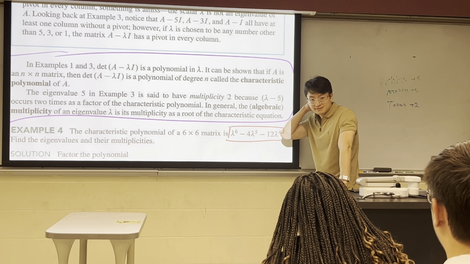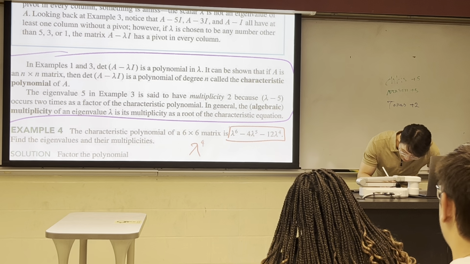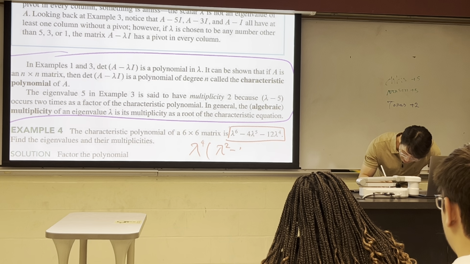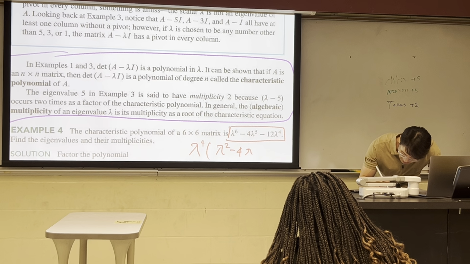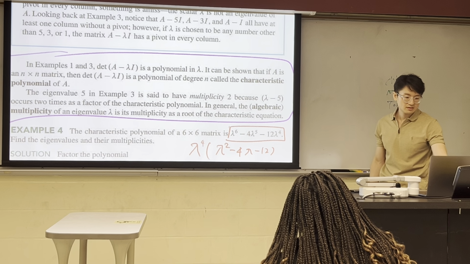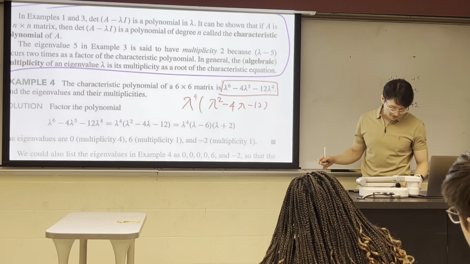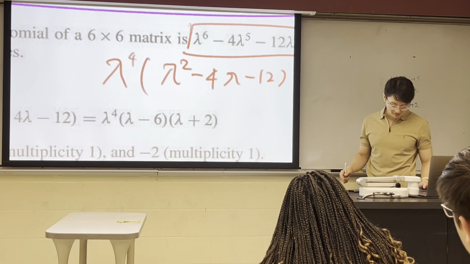We could factor out lambda to the 4th, sure, and then factor the remaining equation, foiling, right? One more time. So it's going to be like this.